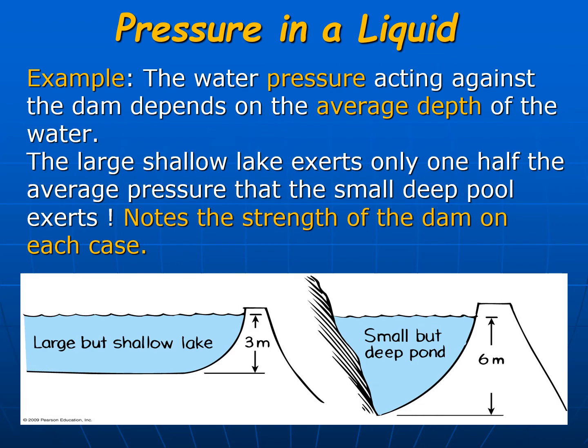Another example to demonstrate the effect of depth: when we build a dam, we have a reservoir of water behind it. So the water pressure acting against the dam will depend on what? In case A, we have a large shallow lake, but it's only 3 meters deep. In the second case, we have a deep pool with a depth of 6 meters.